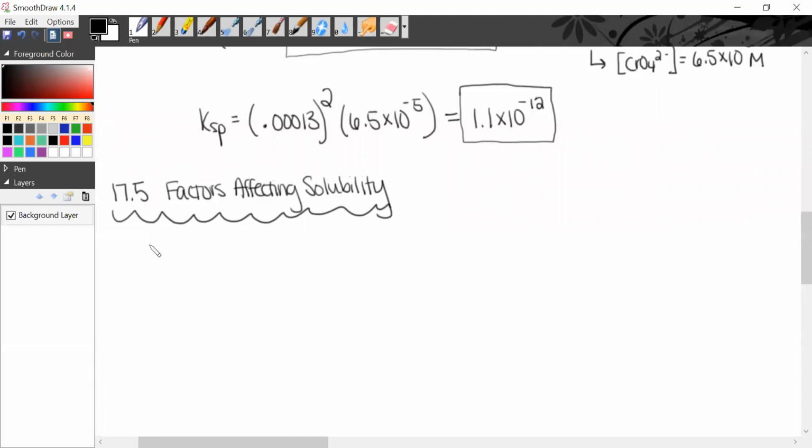So obviously there are a couple of things that we already know that matter, right? So obviously temperature matters. Temperature affects solubility. Right? If you increase the temperature, you can increase the amount of solute that can dissolve.